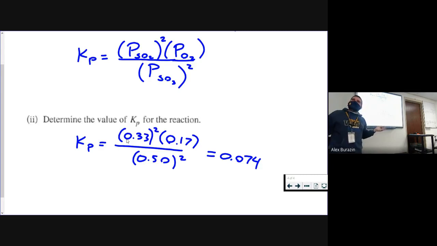They will accept 3. If you wrote 0.0741, they're going to accept it. Sounds strange, but I'll phrase it the way I want you to do it. If you know the sig figs, do the right sig figs. If you're not sure, use 3.